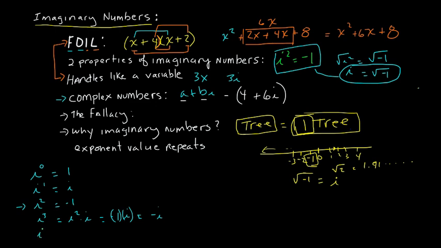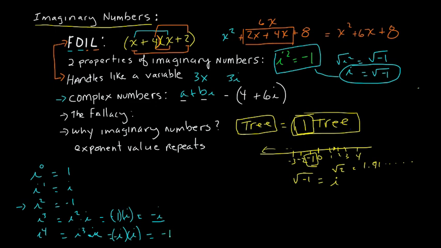And then i to the fourth would be i to the third times i, and i to the third was -i, so that's just -i times i, which equals, you can do the same thing that you would with an exponent and distribute the ones.